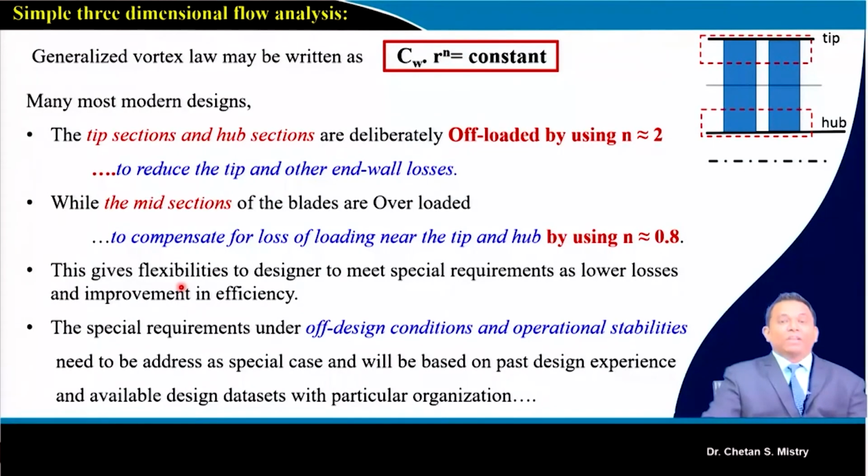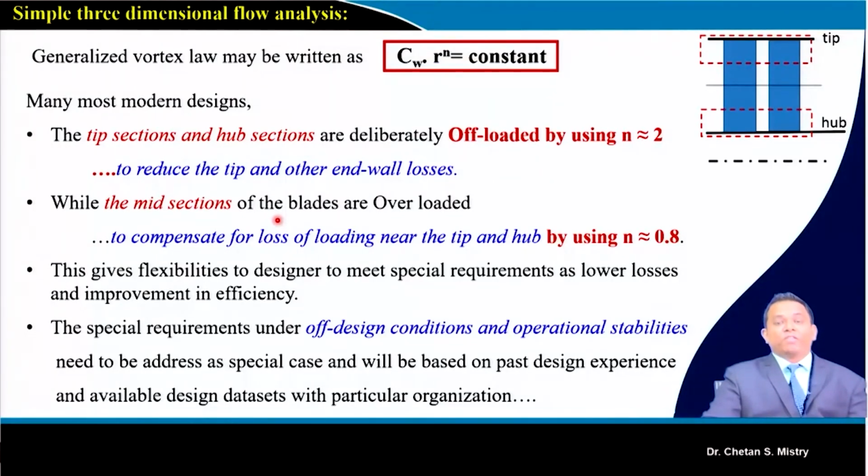Under that flexibility, near the tip and hub sections we mostly have an offloaded configuration, where we assume our exponent to be 2, with the justification that it reduces tip as well as other end wall losses.